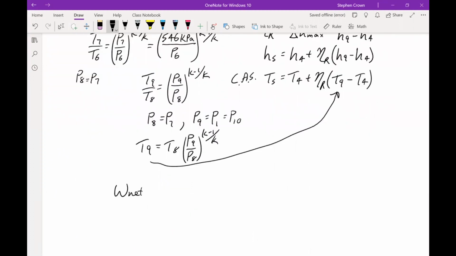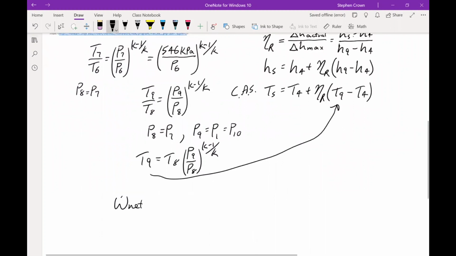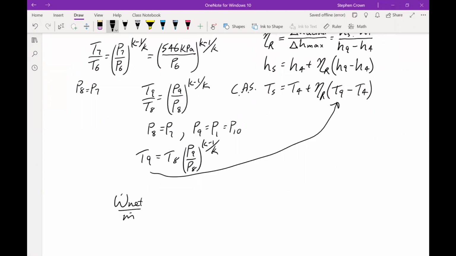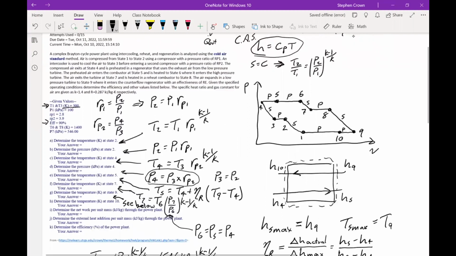And I think we do it per unit mass, because we're not told the mass flow rate in this case. So this would be everything divided by m dot, but every component has the same mass flow rate going through it, with one exception, the regenerator. It has m dot going that way and the same m dot coming back the other direction.